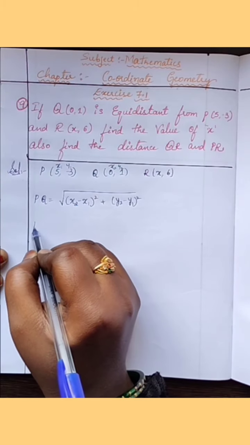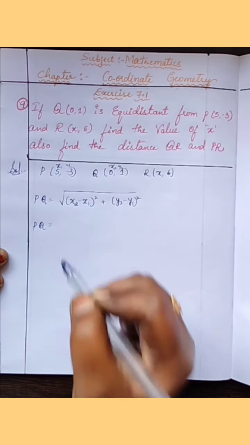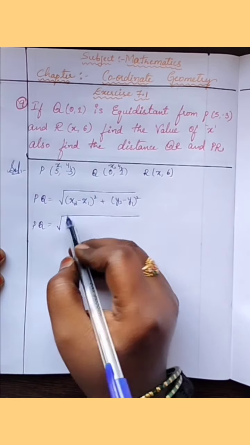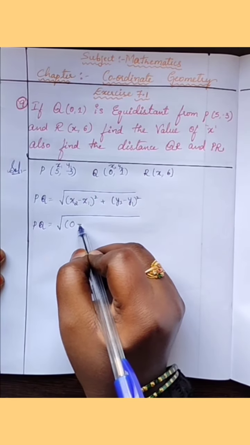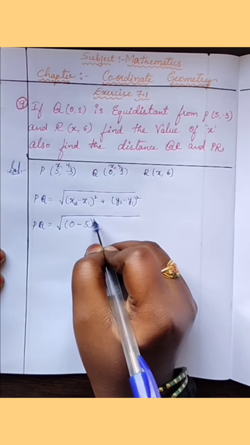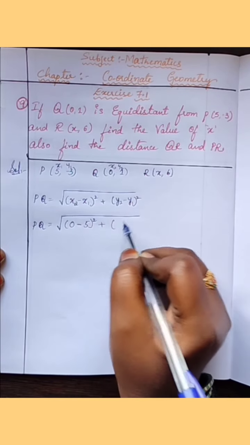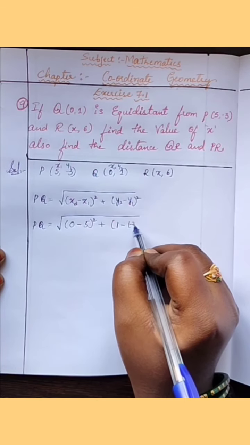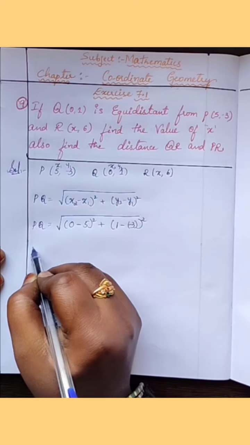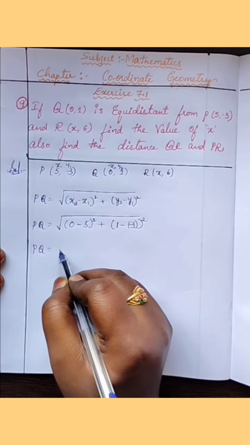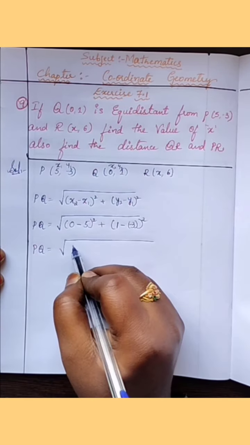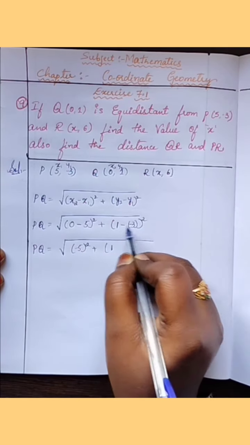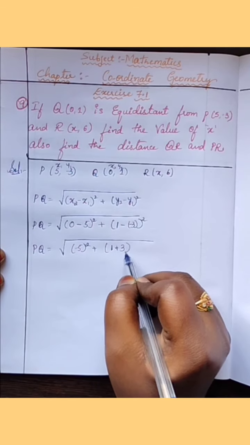Now substitute these values in this formula. x2 value is 0, x1 value is 5, whole square. y2 value is 1, y1 value is minus 3, whole square. Then PQ equal to root of (0 minus 5) whole square, (1 minus (minus 3)) whole square, that is 1 plus 3.